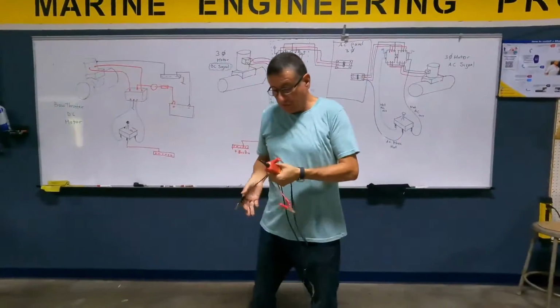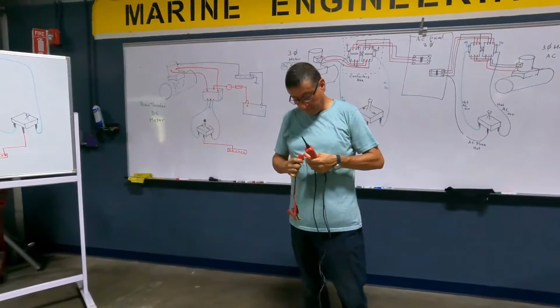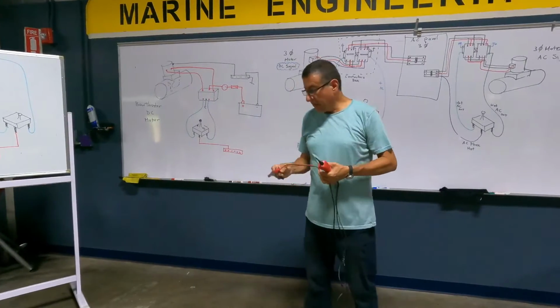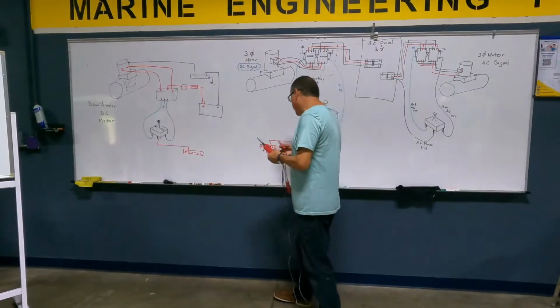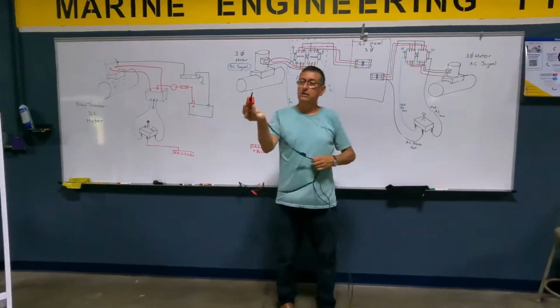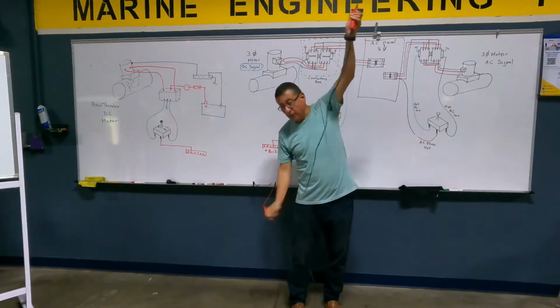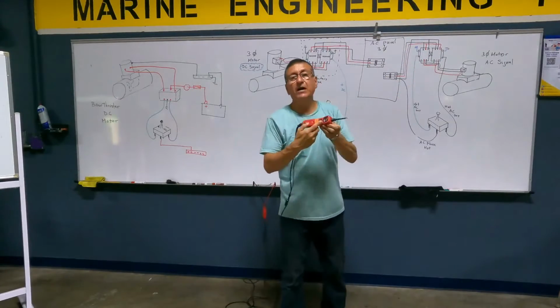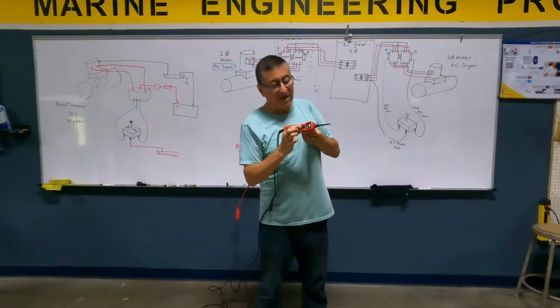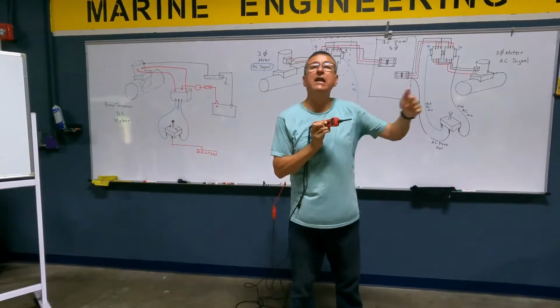When I connect my test prop to the positive and the negative, I am able to provide a positive if I press up, and if I press down, I provide a negative.